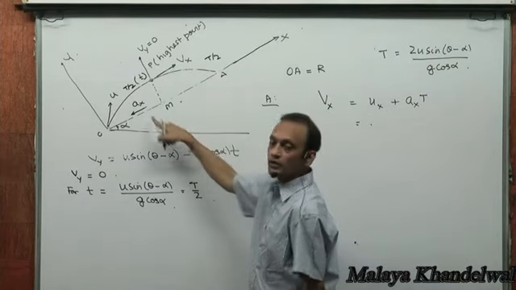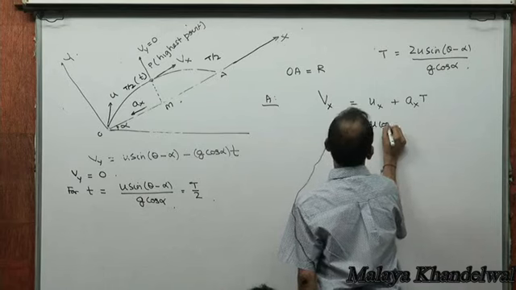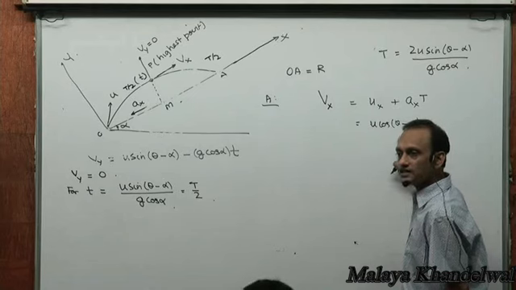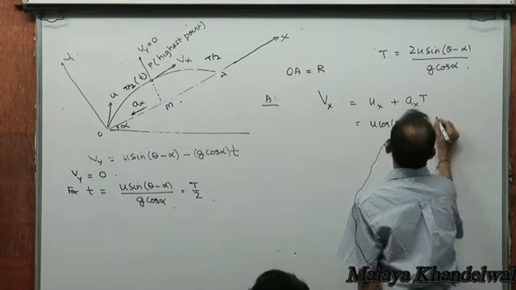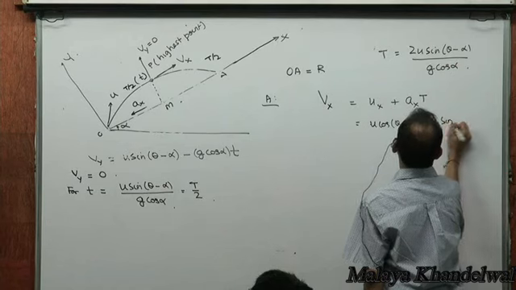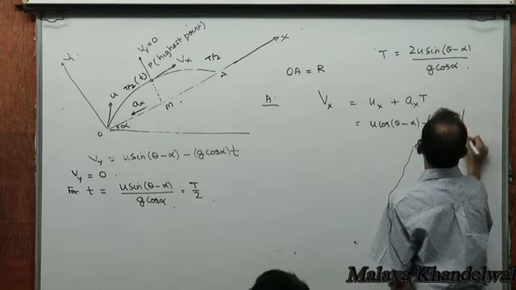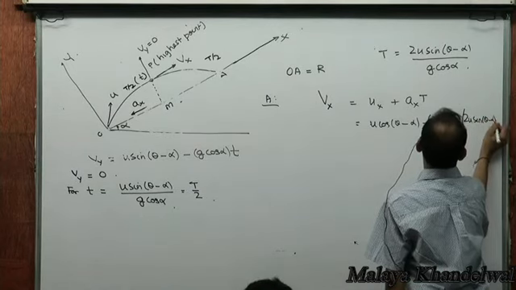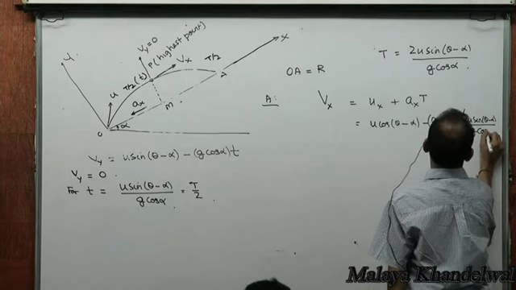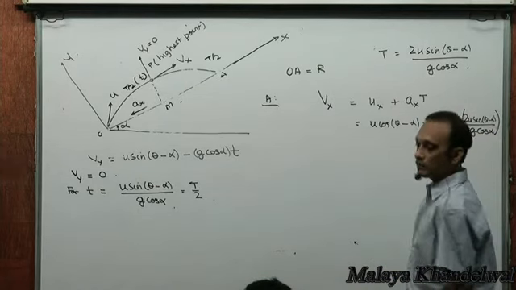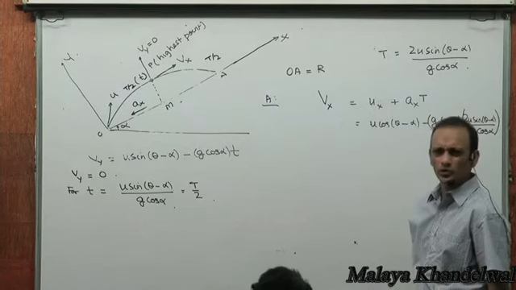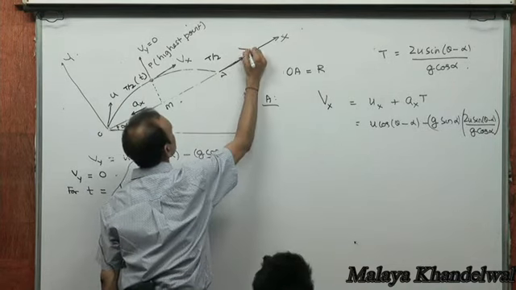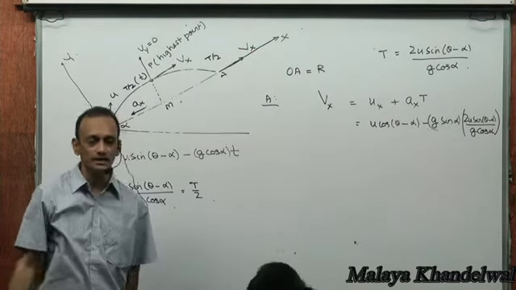Velocity in the x direction was u cos theta minus alpha, plus ax, which is minus g sine alpha, times t, and t is 2u sine theta minus alpha by g cos alpha, right? Which obviously is different from ux. That's the velocity in the x direction when it reaches A. Yes or no?